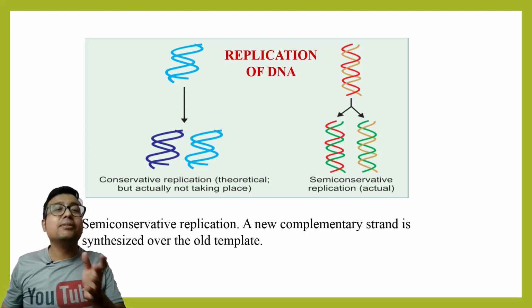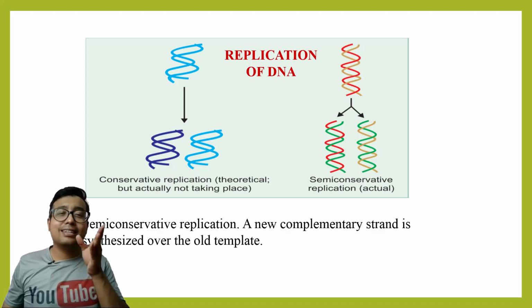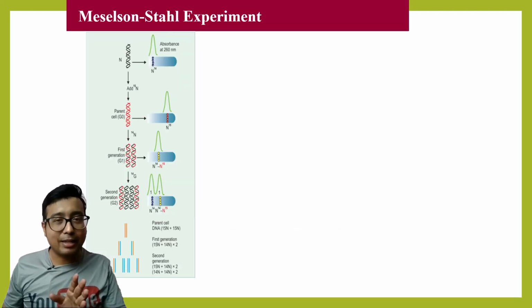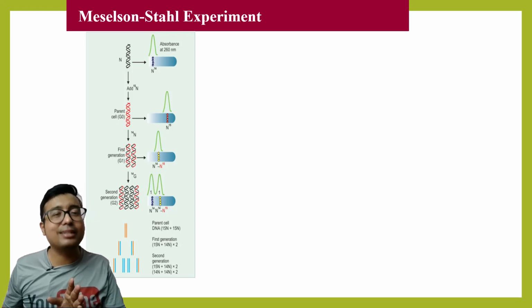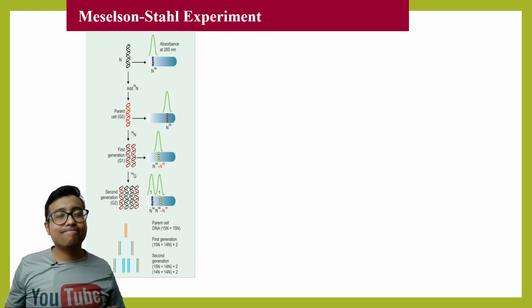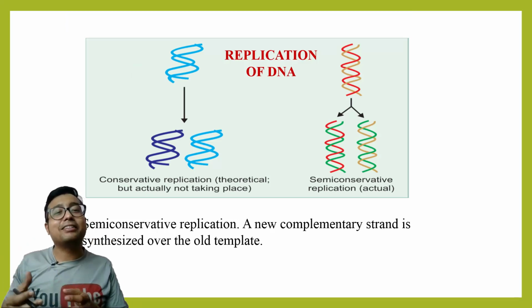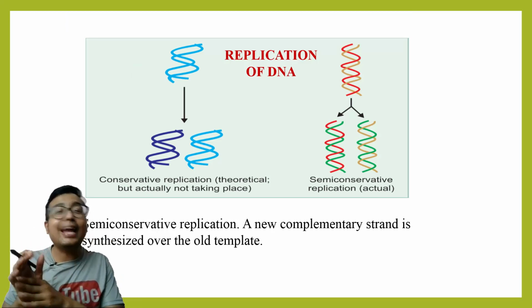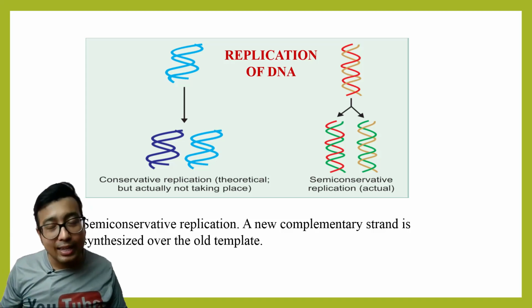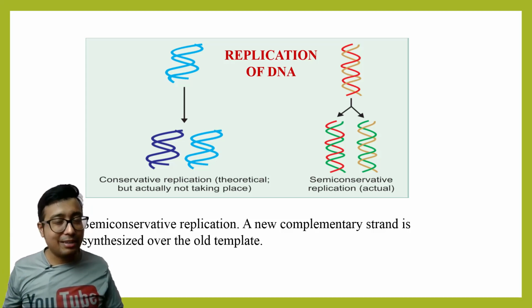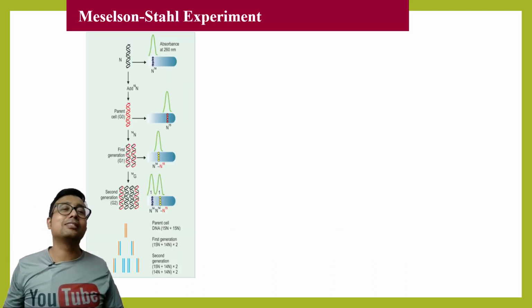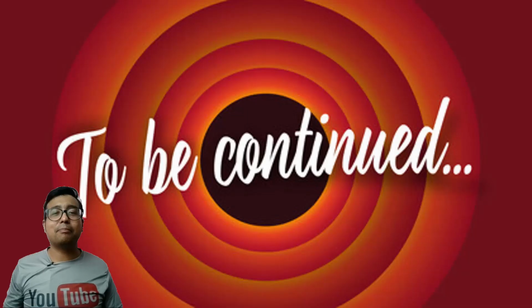So we will start rightly with the Meselson and Stahl experiment. That's a very interesting experiment, and we'll be discussing how they proved semi-conservative replication of DNA in 1958, when there was no technique of sequencing. Then we will slowly go into the proper replication.